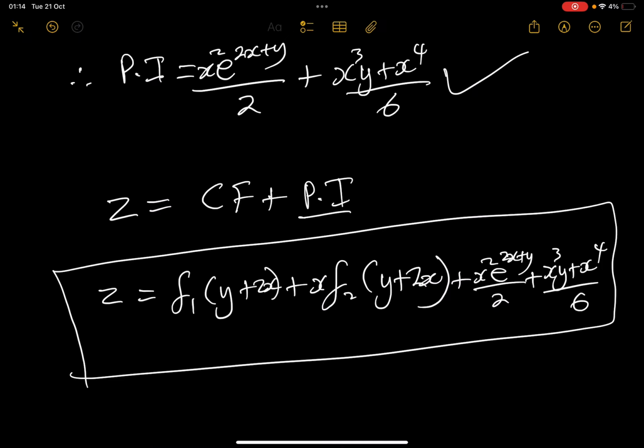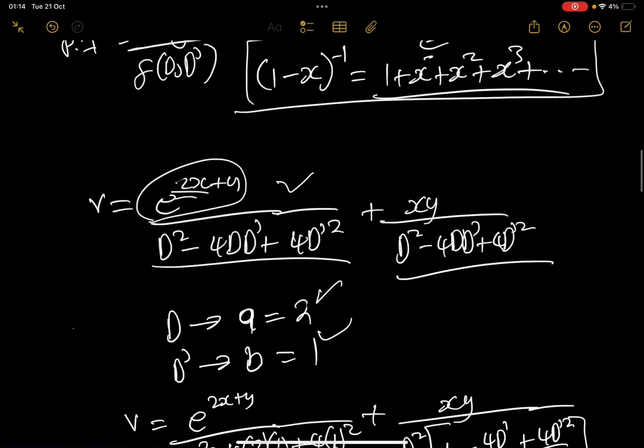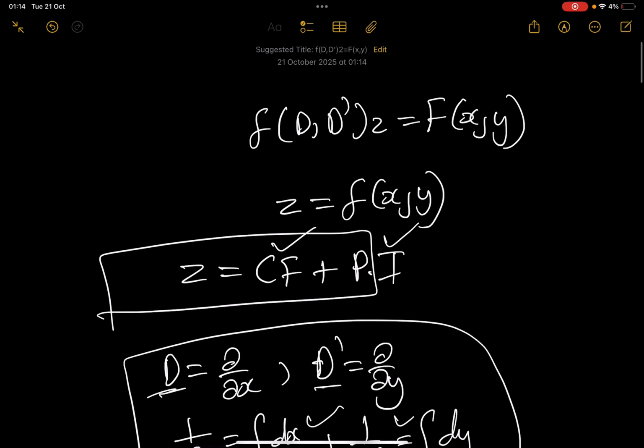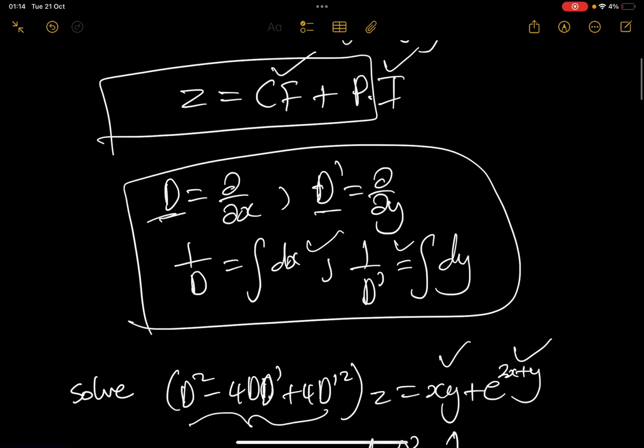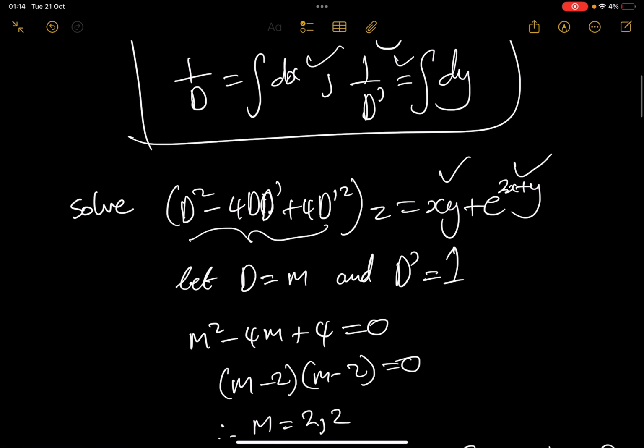So this is how you basically solve a second or higher order partial differential equation, whether it's homogeneous or non-homogeneous.